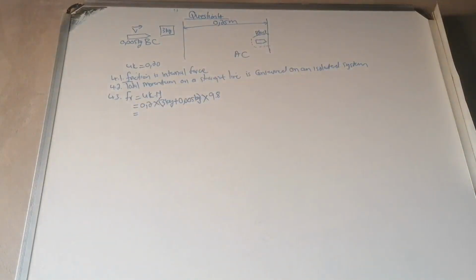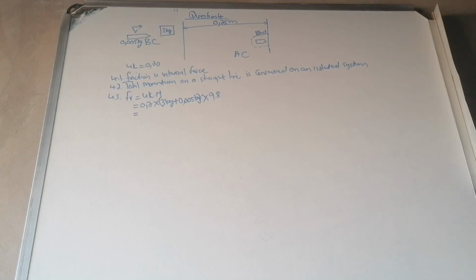Let's continue. I'm going to say 0.2, I will multiply this by 3 plus, BODMAS rule will start first with the brackets, 0.005, and I will multiply that by 9.8.